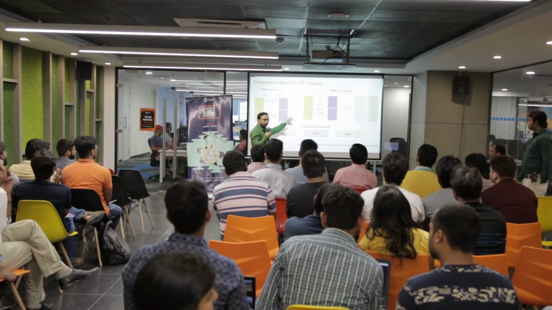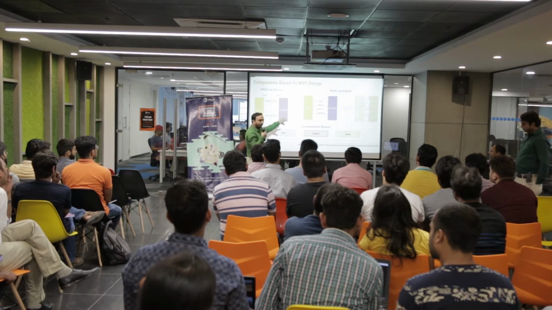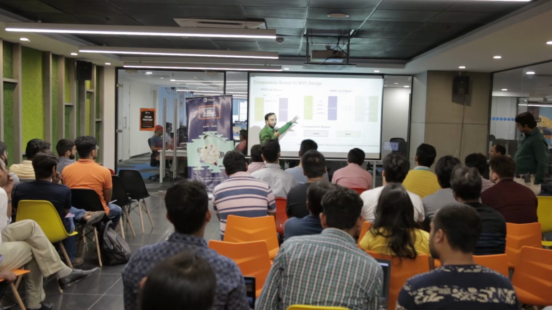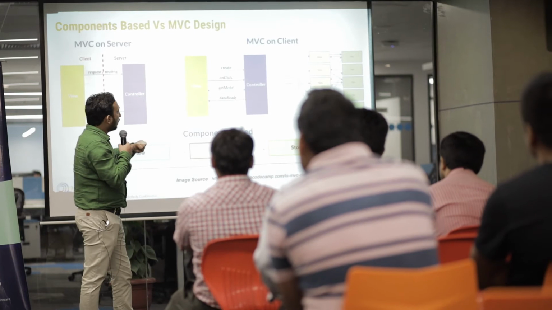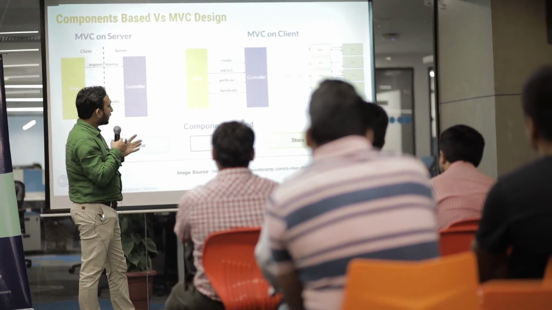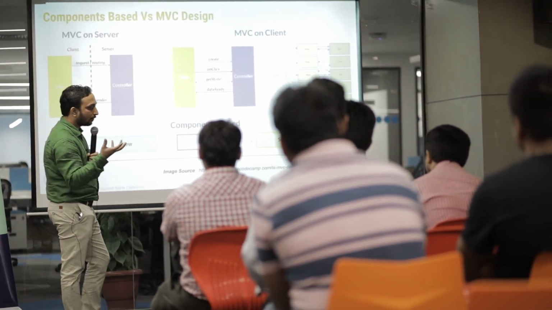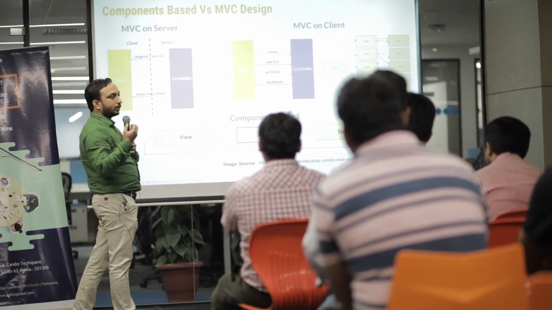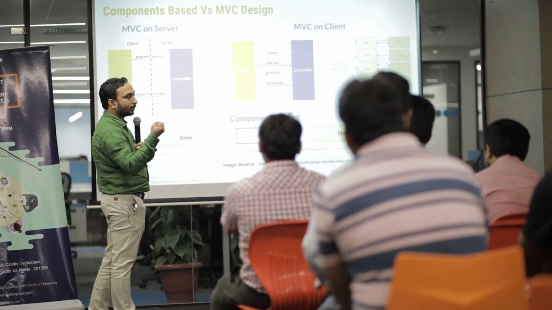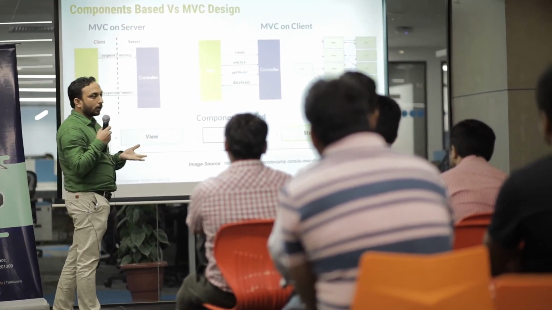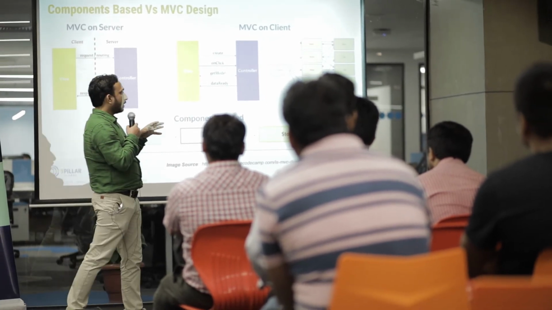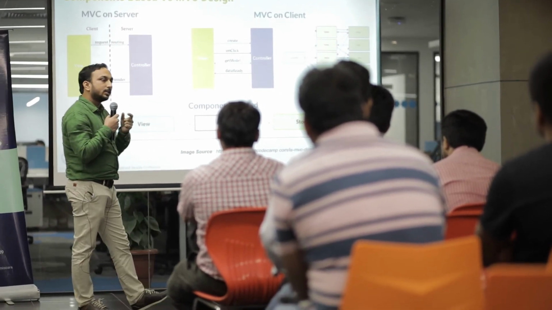So that was a bigger problem in MVC when you work on the front end. Take an example of a JavaScript object for a product or an employee, and you assign it to a model. That model is handling multiple responsibilities.